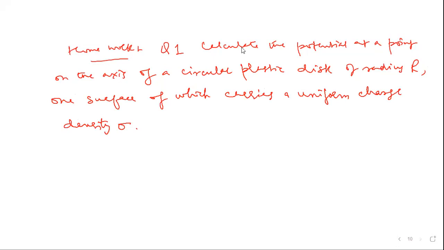I repeat the question. Calculate the potential at a point on the axis of a circular plastic disc of radius capital R, one surface of which carries a uniform charge density sigma.